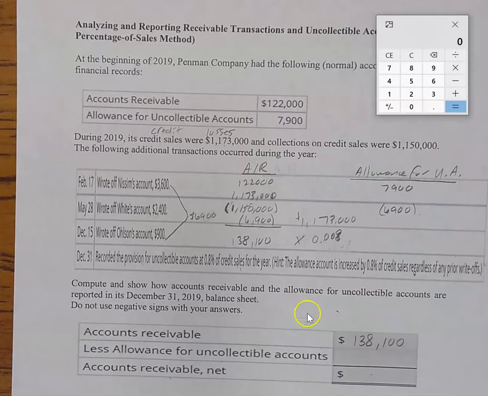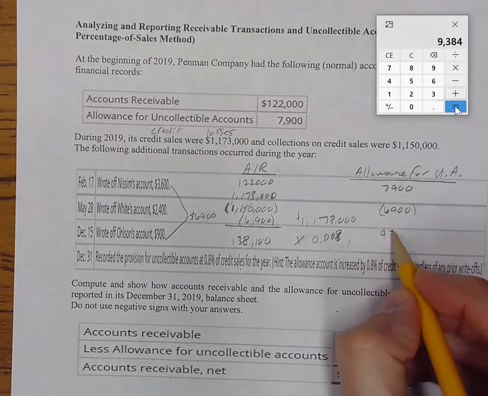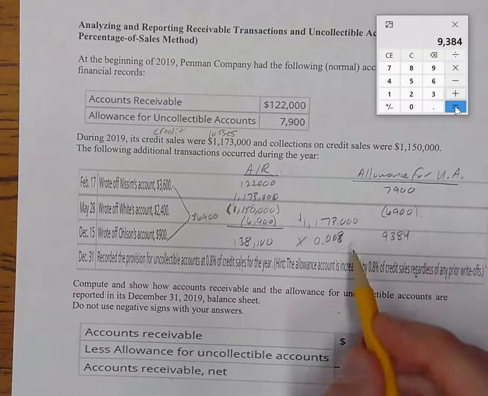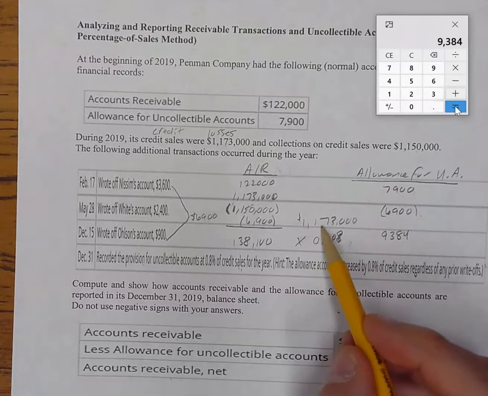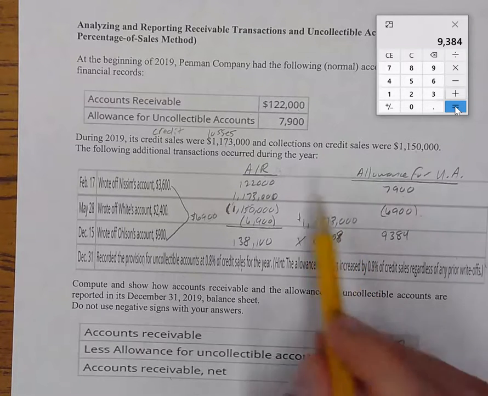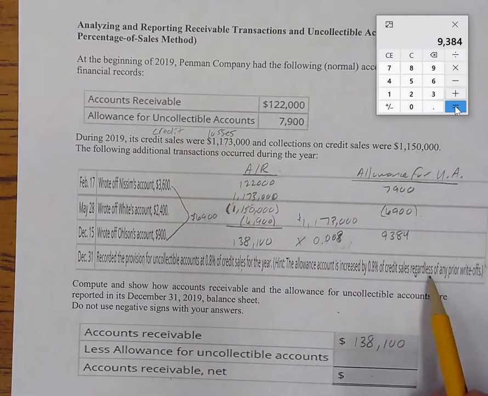Okay. $1,173,000 times 0.008 gives us $9,384. Again, $1,173,000 in credit sales times this, you can barely see it down here somewhere.